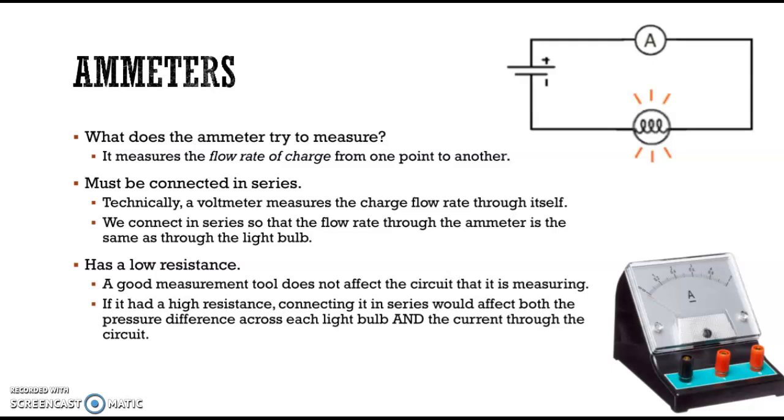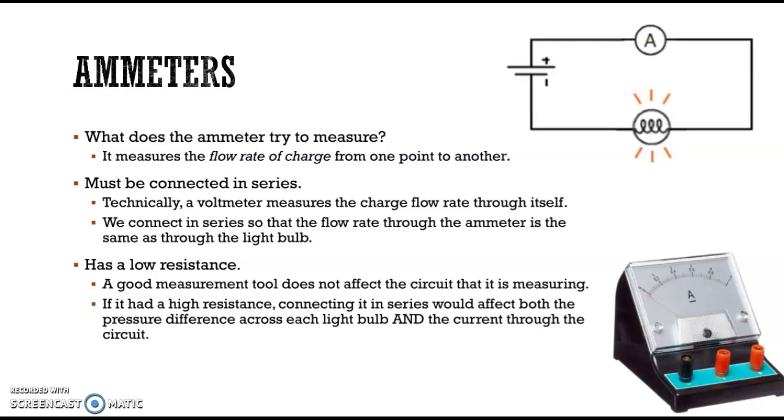From what we know about the way that charge flows, if we connect it in series, then the flow rate through the ammeter and the flow rate through that light bulb are going to be the same.